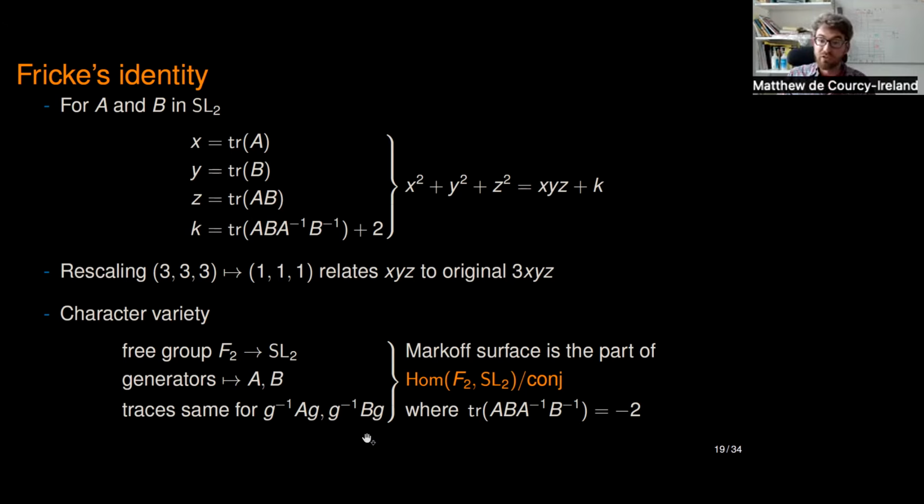So the whole thing will be invariant by conjugation. So the Markov surface is the part of Hom from F2 to SL2 up to conjugation, where you fix the trace of the commutator to be minus 2 in order to make this constant K be 0.